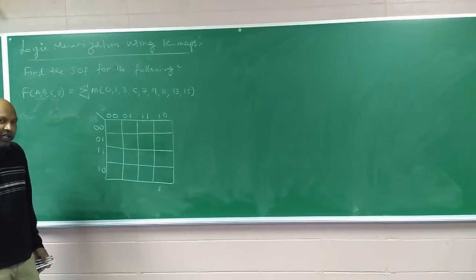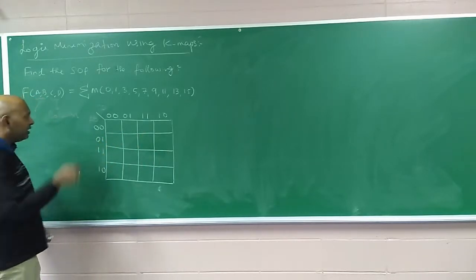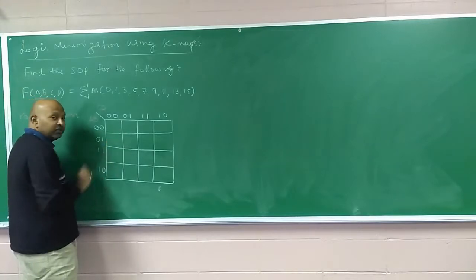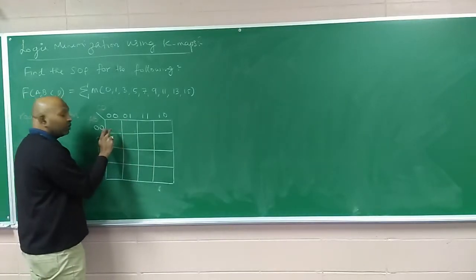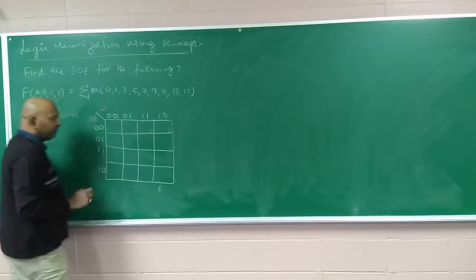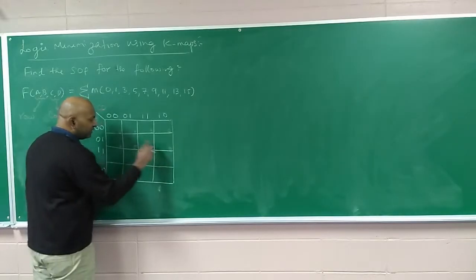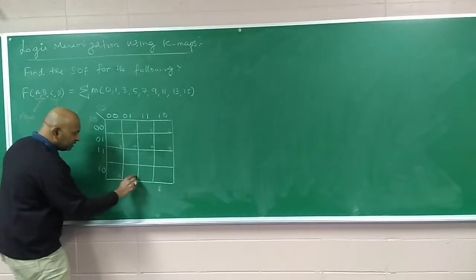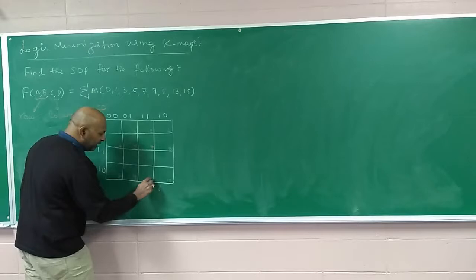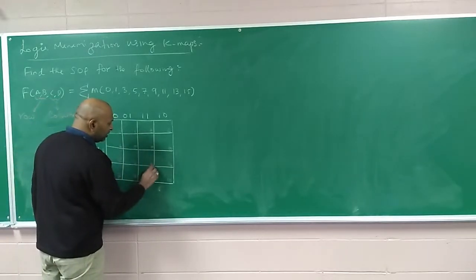If I write the decimal equivalent inside, just for us to visualize, this box has value 0, value 1, or row 0, row 1, row 2, row 3, then 4, 5, 6, 7, 8, 9, 10, 11, 12, 13, 14, and 15.